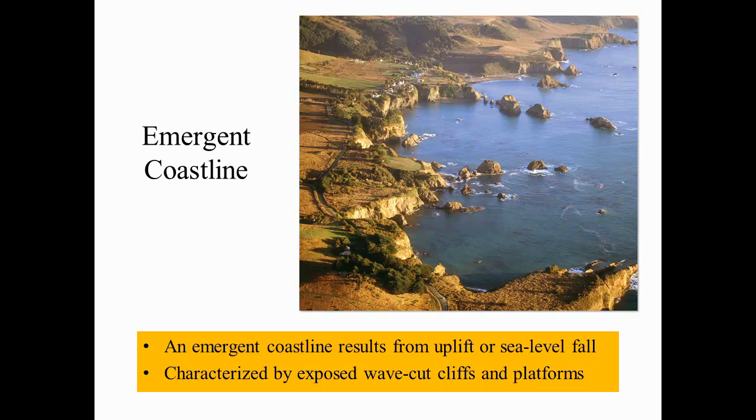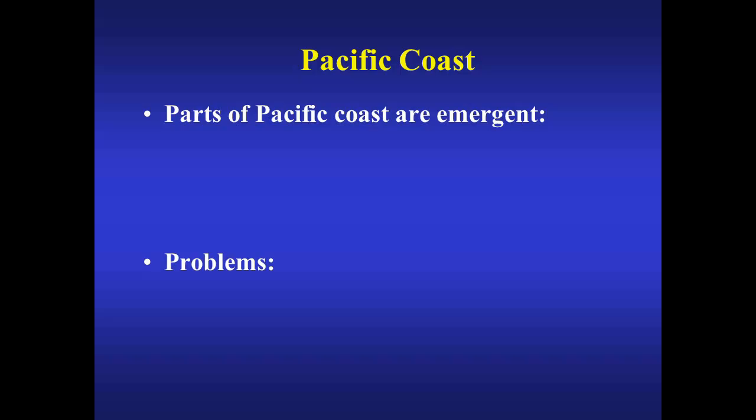Other coastal areas are undergoing emergence. An emergent coastline results from uplift or overall drop in global sea level, and is characterized by exposed wave-cut cliffs and wave-cut platforms, as shown in this particular photograph.